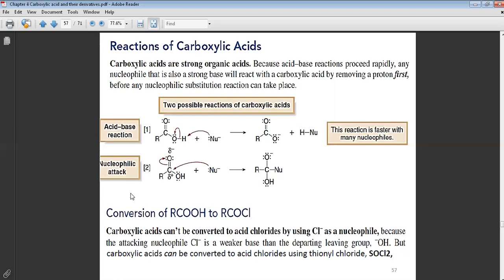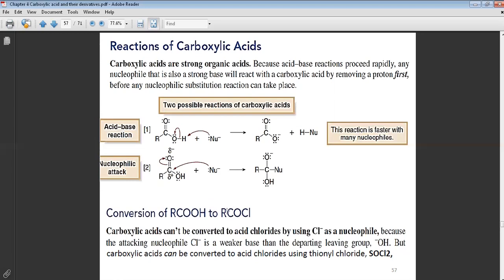How can we convert the carboxylic acid to acid chloride? Directly, we said before that the more reactive one, this or this, actually this is the more reactive one. The more reactive one can be converted to the less reactive one, but the less reactive one is not likely or not good to convert to the more reactive one.